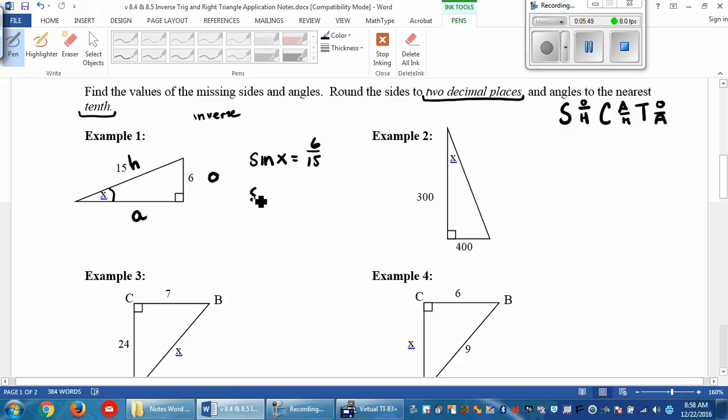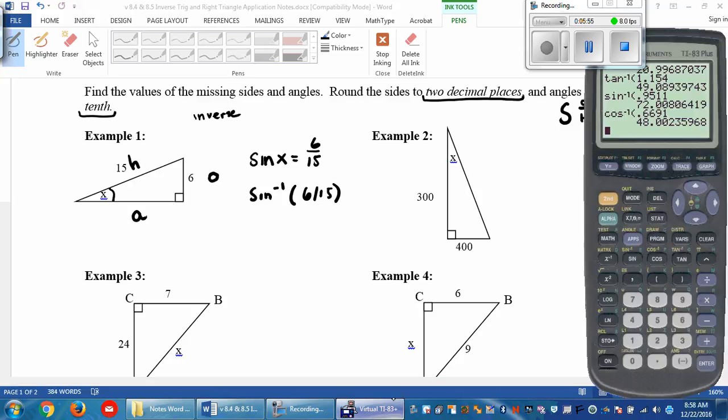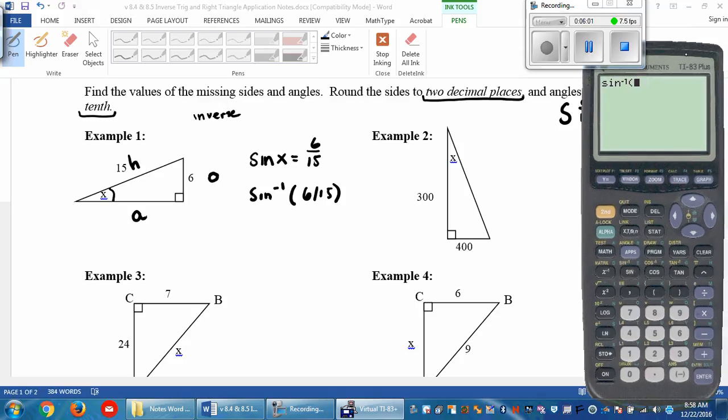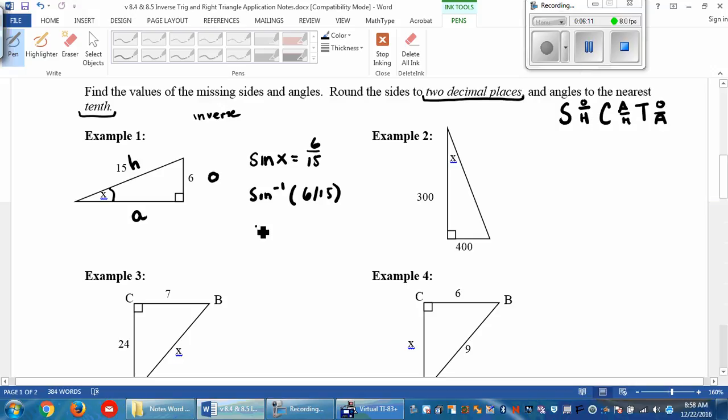This is where you would go to your calculator, get the inverse sine, 6 divided by 15, put it in parentheses, please. So we hit inverse sine of 6 divided by 15, close the parentheses, and we get approximately 23.6 degrees. The degree marker needs to be there because we're looking at degrees.